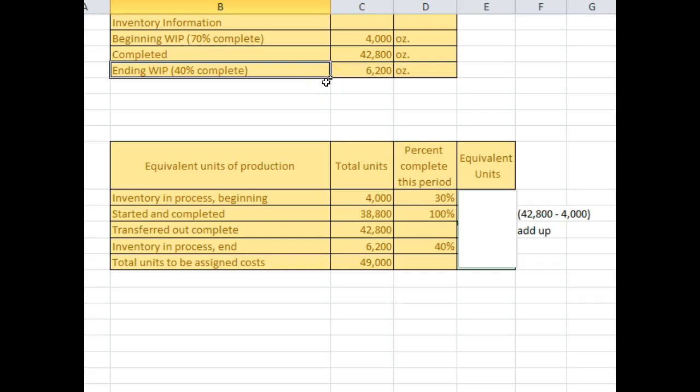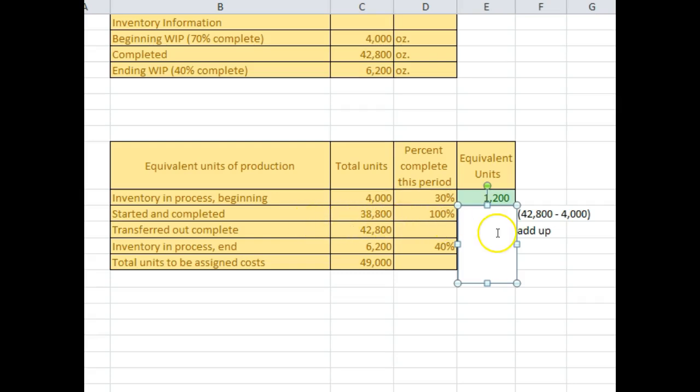Well, if I'm looking at equivalent units that were completed, if these were 70% complete, that means when I completed them, I had to do 30%. So 30% times that 4,000 shows equivalent units of 1,200. Now remember, we started and completed 38,800.